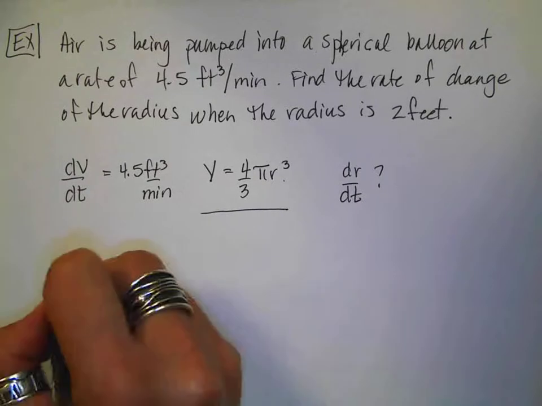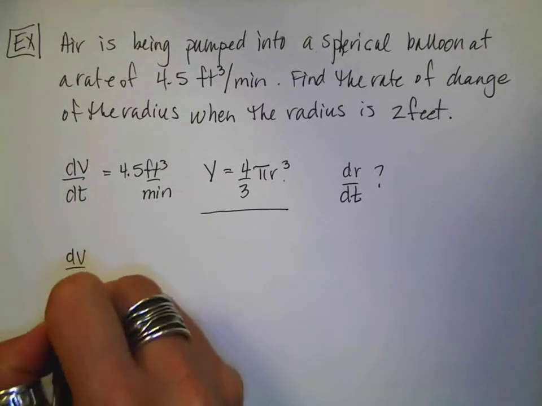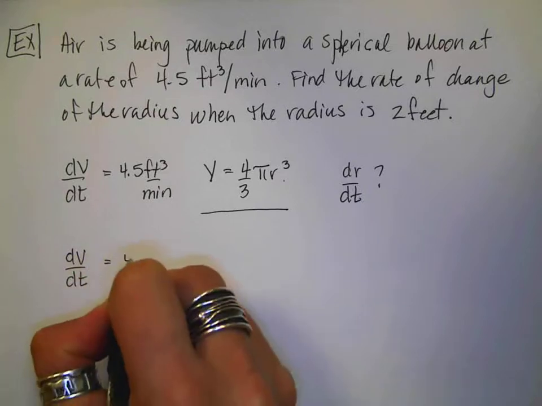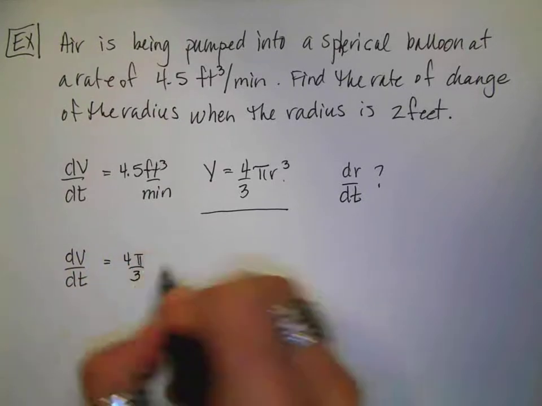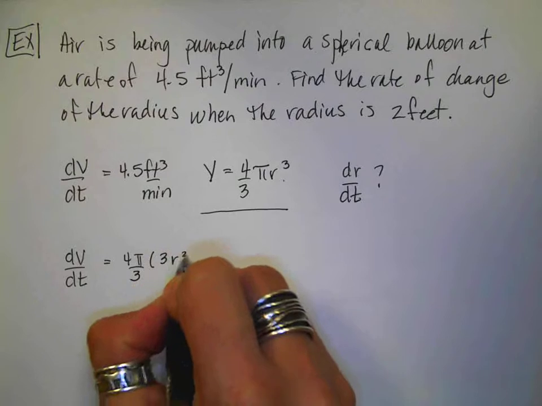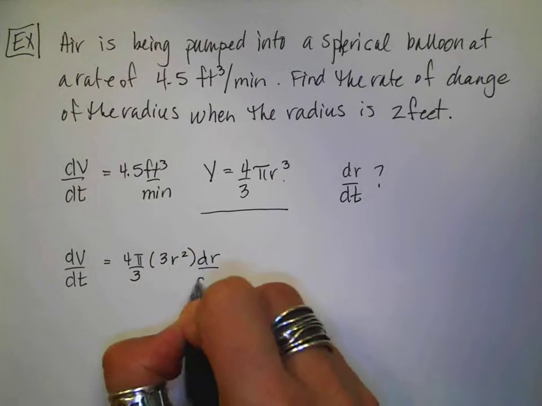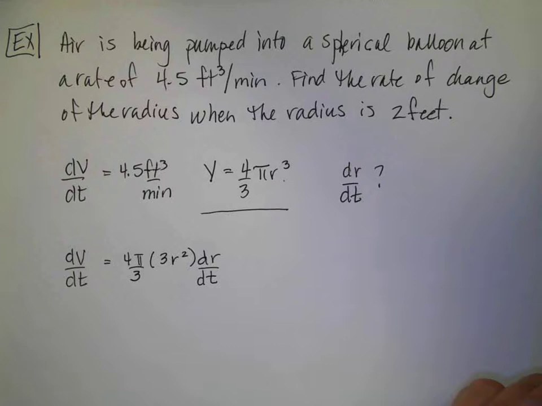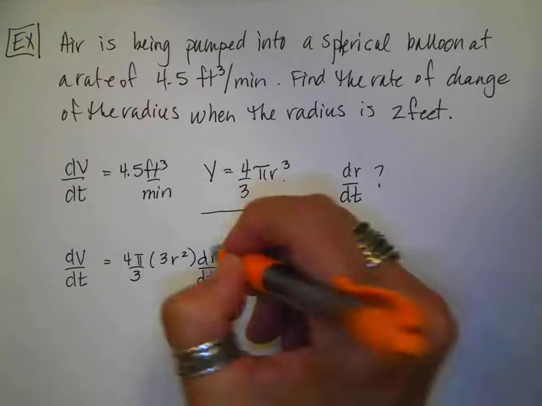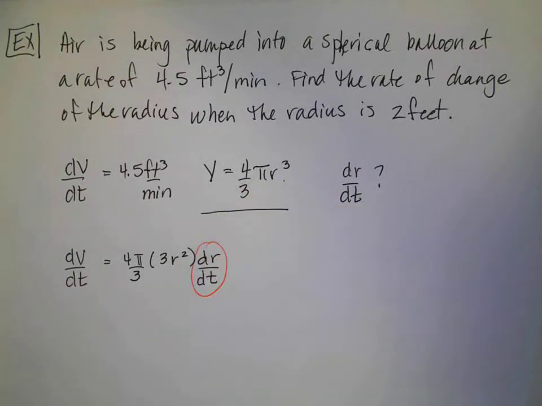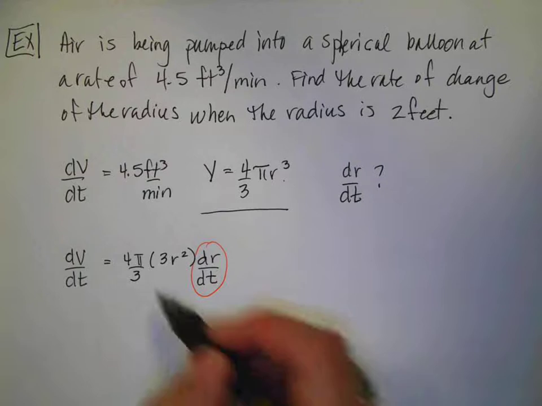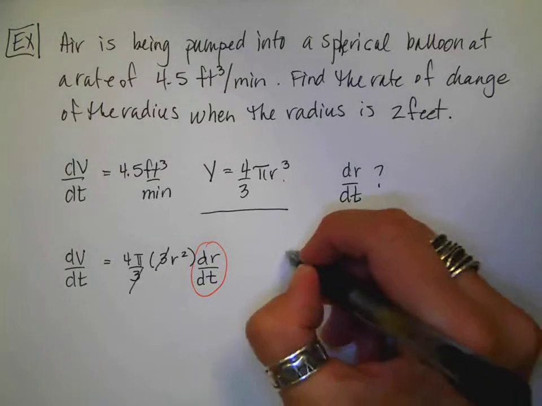The first thing we're going to do is take the derivative of the volume formula. So dV over dt is going to equal 4 pi over 3 times 3r squared. Don't forget your implicit differentiation, dr/dt. This little guy is who we're solving for.